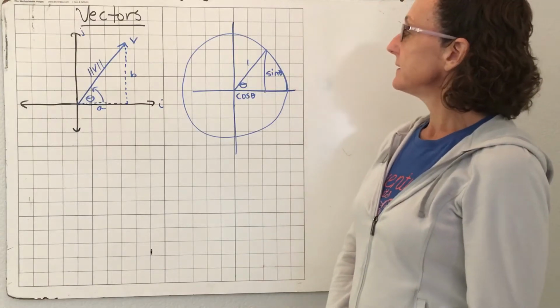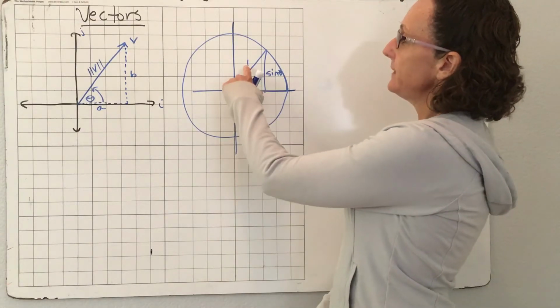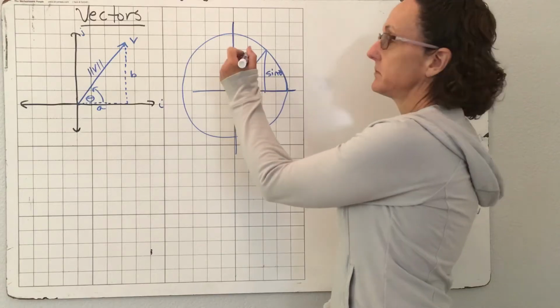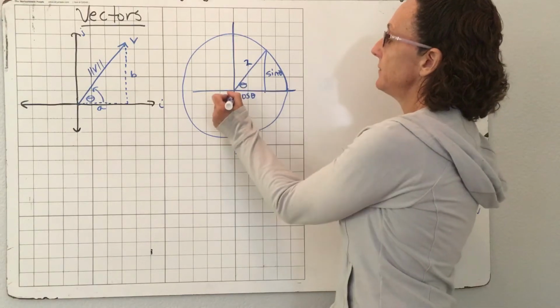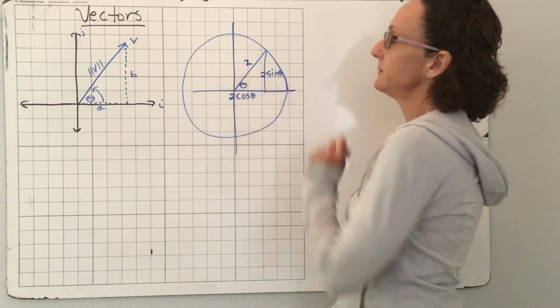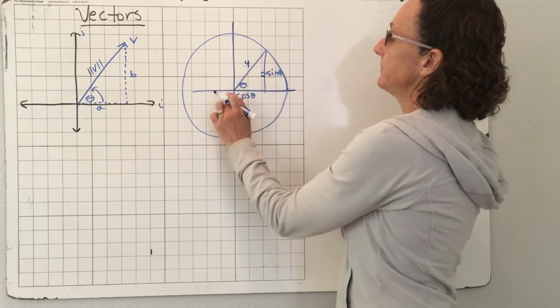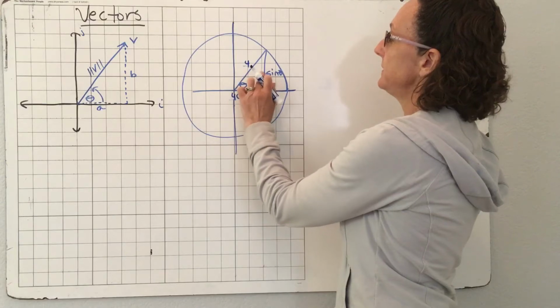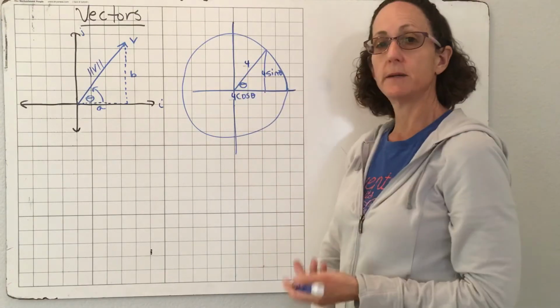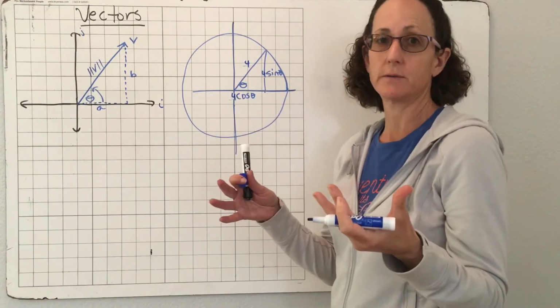But the idea is really similar. So if I made this 2 instead, then the cosine would be twice as big and the sine would be twice as big, okay? If I made this 4, then the cosine would be 4 times as big and the sine would be 4 times as big also. So everything's proportional, okay?